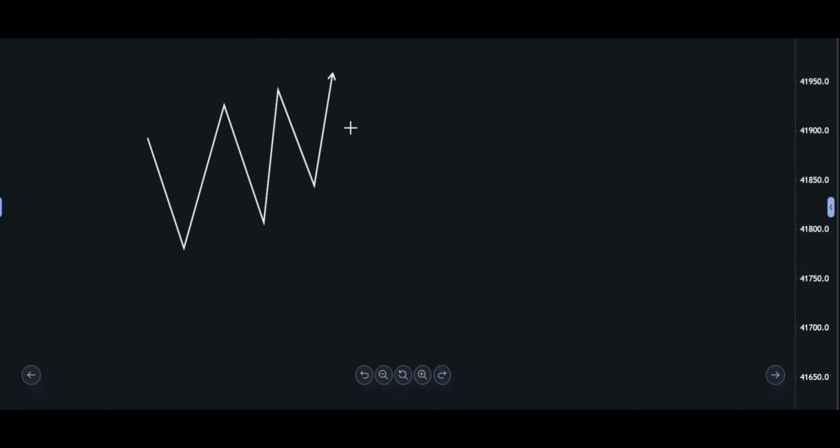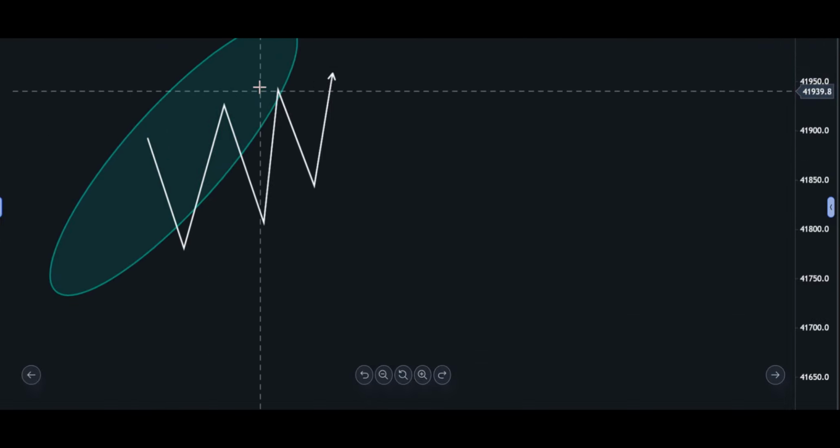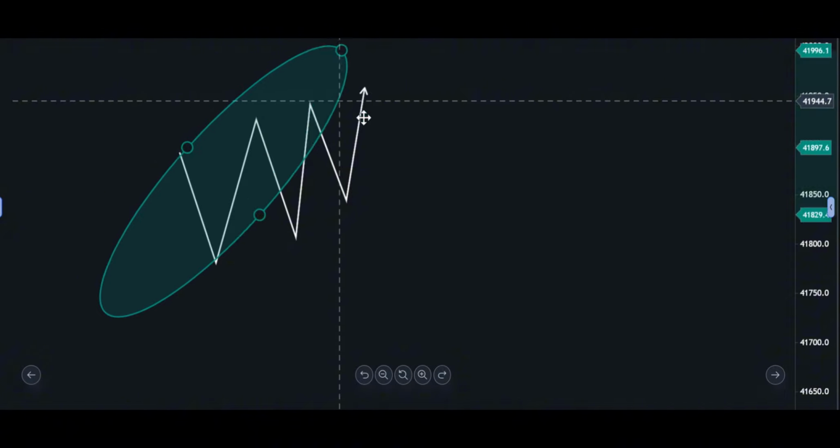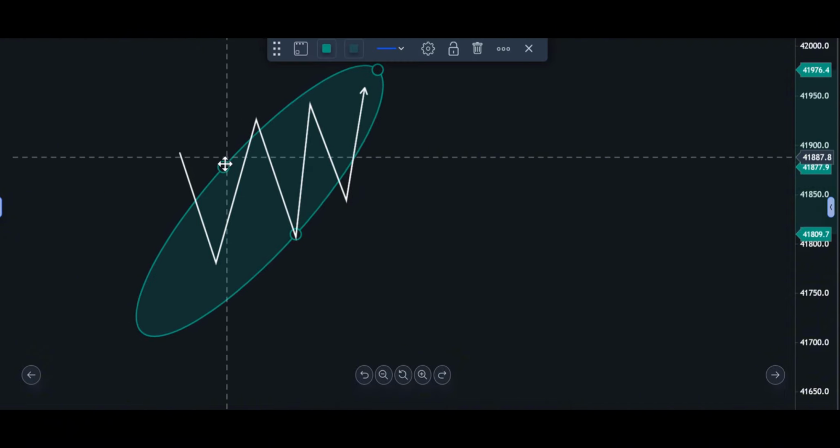So the process of price response to supply and demand, the things that are being formed in the process of the interactions between the buyers and sellers, is what we call market structure. What you see here is a market structure.